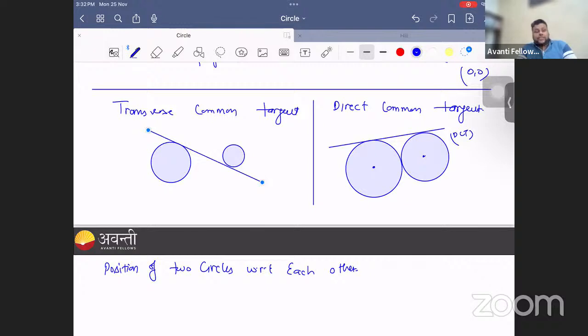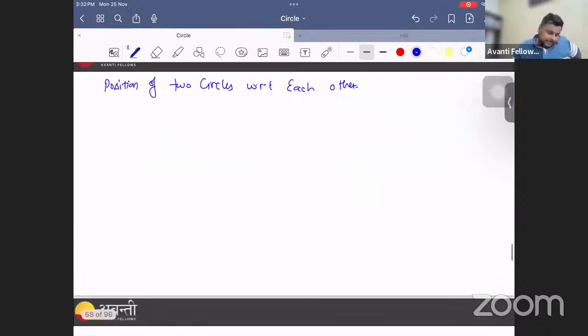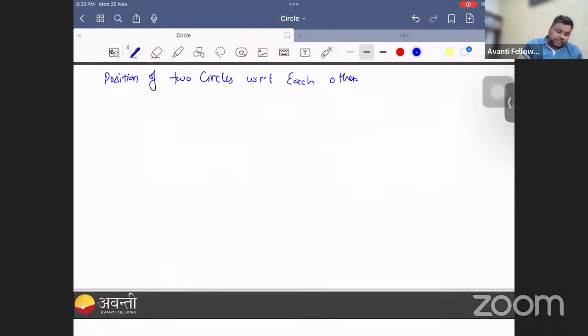So this kind of tangent we call TCT, transverse common tangent. And the one where both the centers lie on the same side of the tangent is a direct common tangent. Got it?